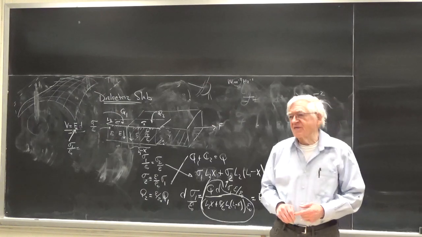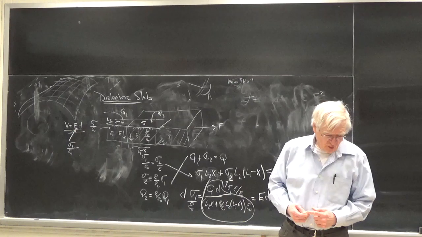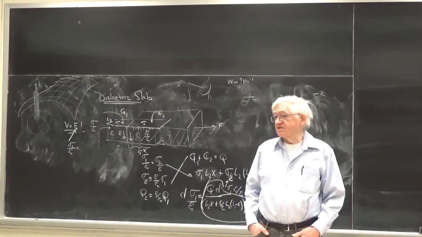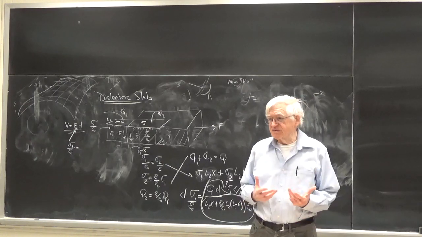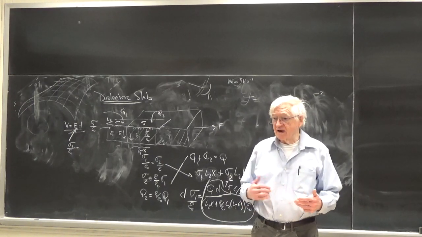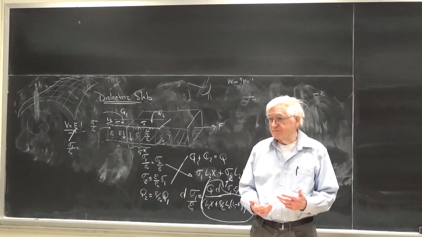The way I've been thinking about it is, what do we mean by a field? What we mean by a field is something that is a function of space and time, and that satisfies the appropriate commutation relations.